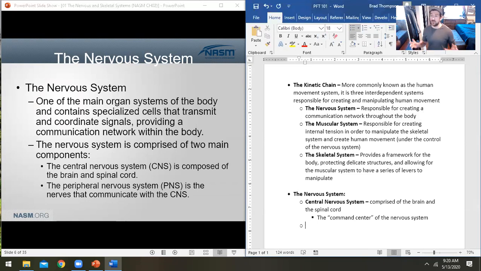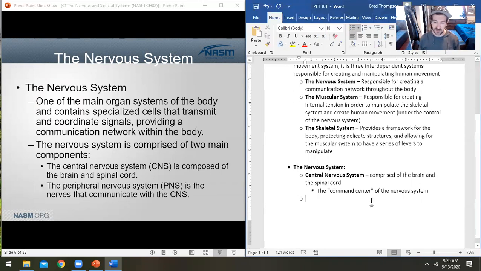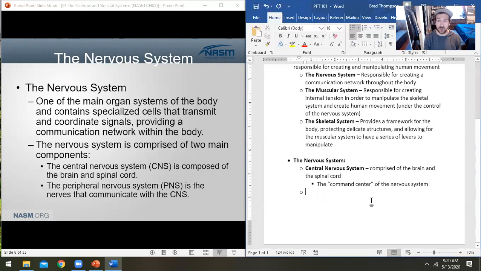So your central nervous system is sort of the center, right? This is your brain and your spinal cord. That's sort of the main section that's most centered to us. Then we've got the peripheral nervous system, which is going to be comprised of these peripheral nerves throughout the body.